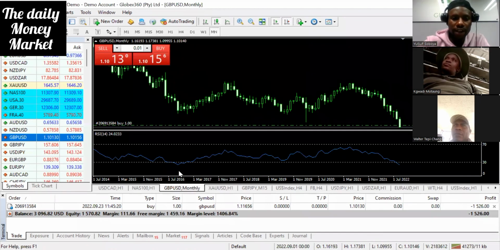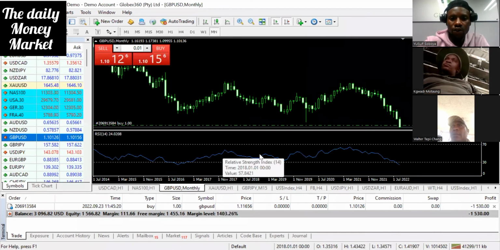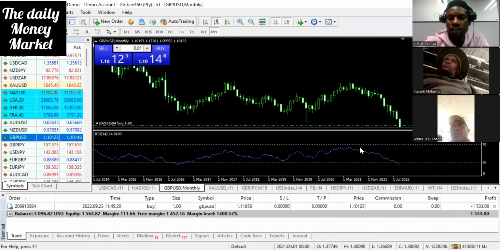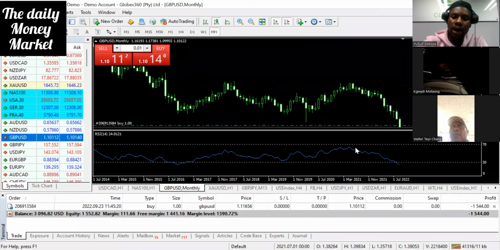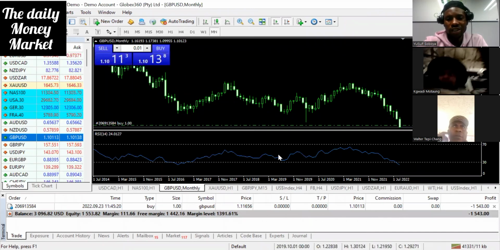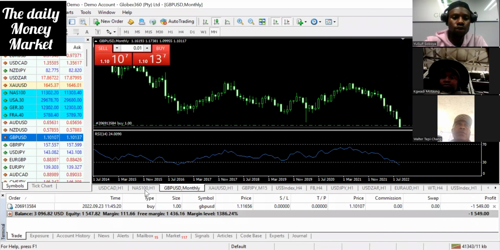That was long ago. And now it's been playing around for all these years in a very neutral place, balancing between the pound and the dollar. It has never been at a level of oversold or overbought.